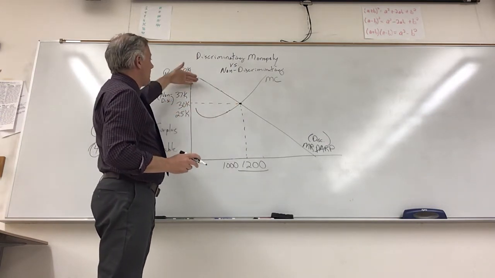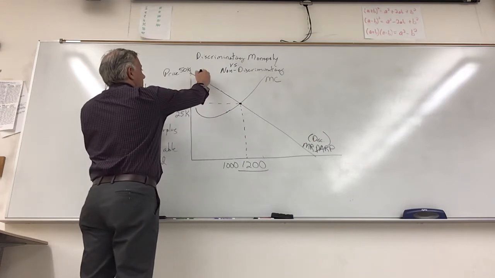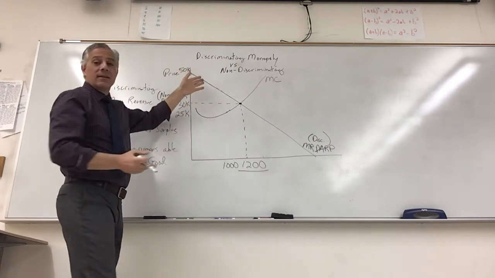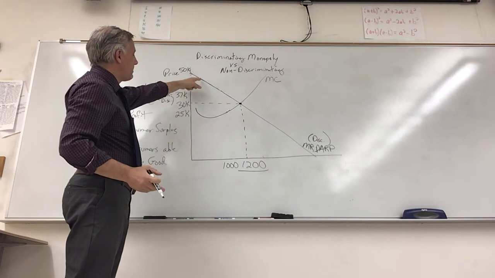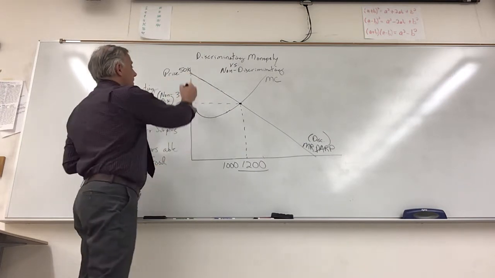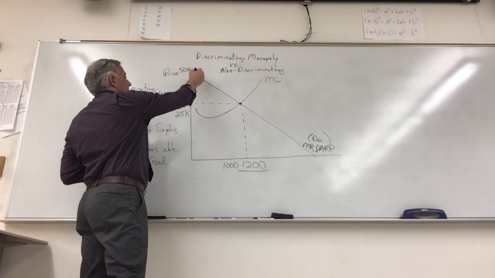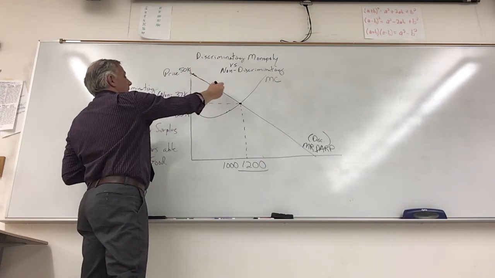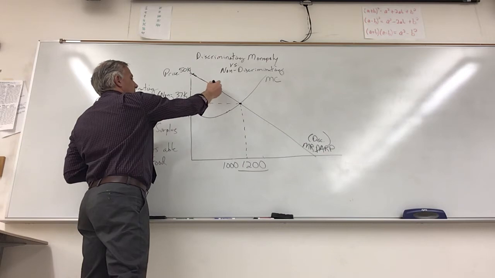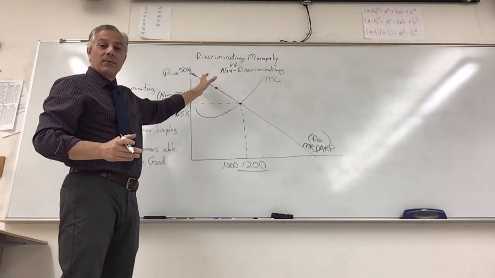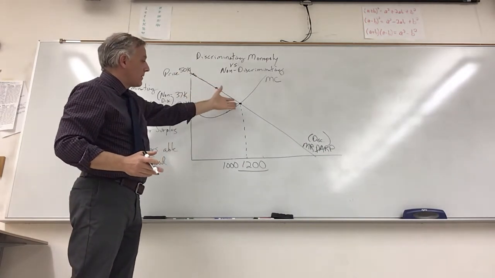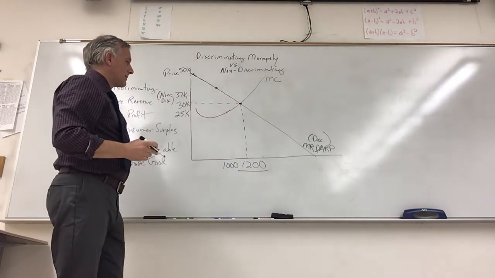Okay, but keep in mind, all of this up here is no longer consumer surplus. Everybody's paying what they're willing and able to pay. So this student here is paying 50,000, that person's paying 49,900, that person's paying 49,000, this person's paying 38,000. Everybody's paying what they're willing and able to pay as we go down the line until right here.